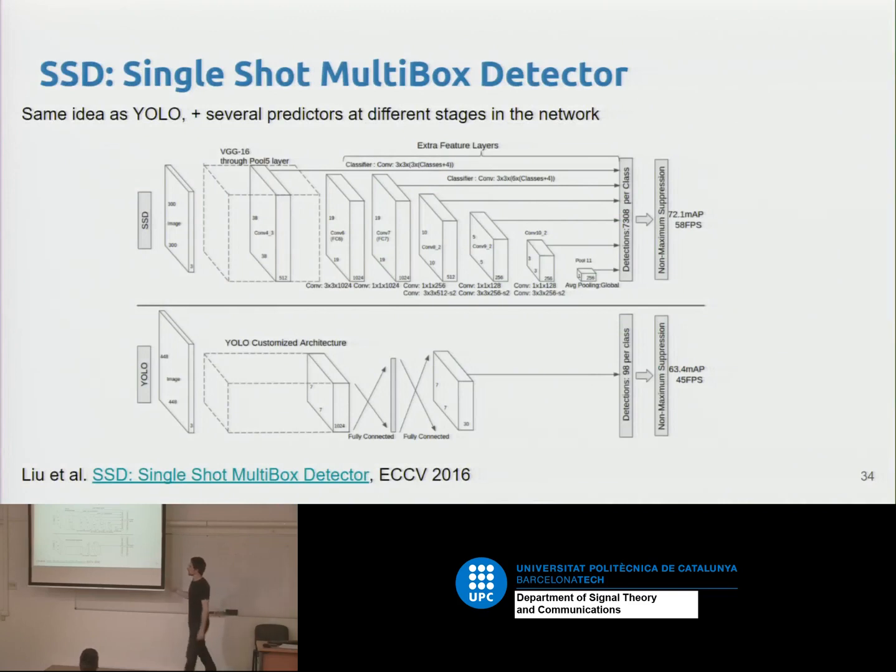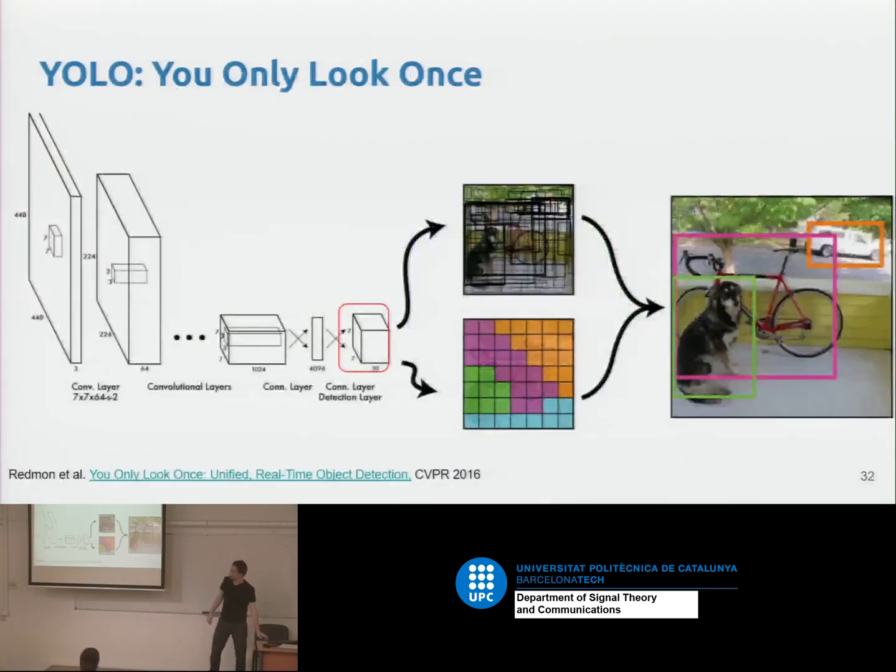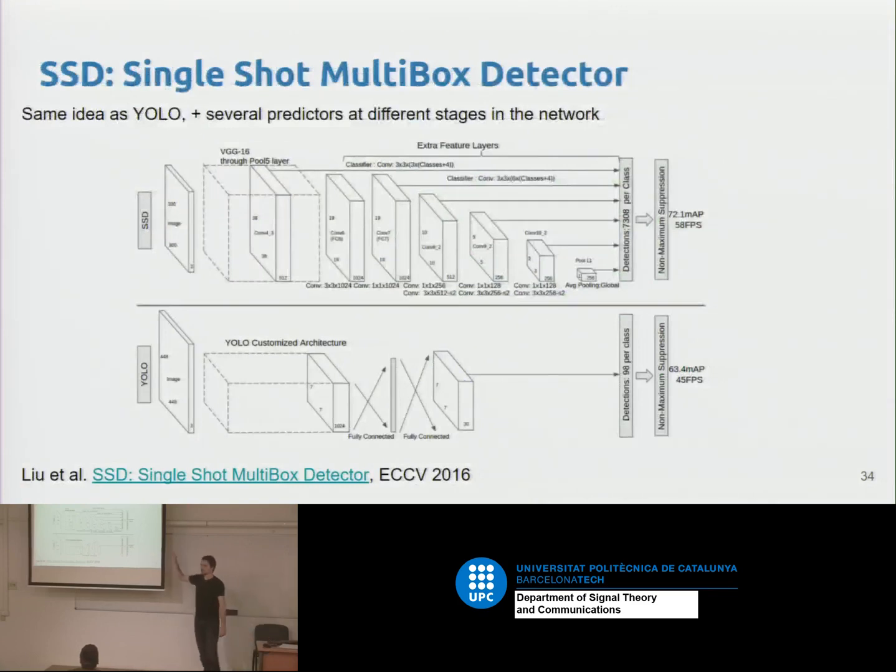After them came the single-shot multi-box detector, which did basically the same but at multiple scales. Here, we saw that YOLO just outputs the detections on the last layer, and the SSD outputs at multiple scales. So for instance, SSD would be better on smaller objects, right?